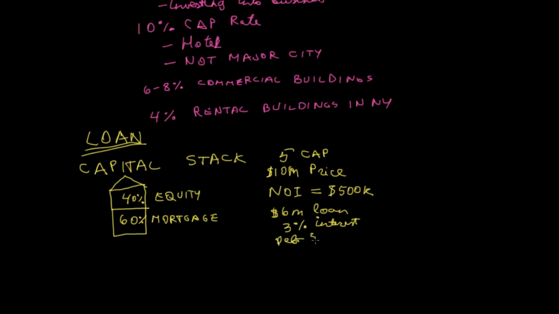So the annual payment, which we call debt service, is just 3% of 6 million, which is 180,000. So the equity holder will have the rest of the income, and that's in this example 320,000.